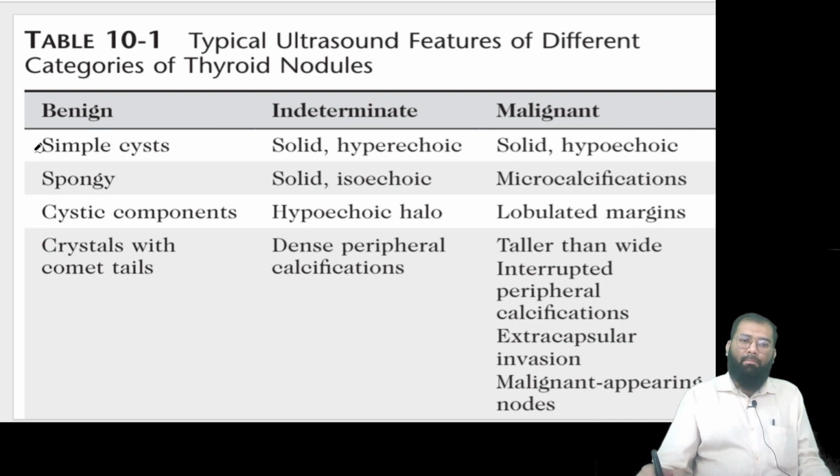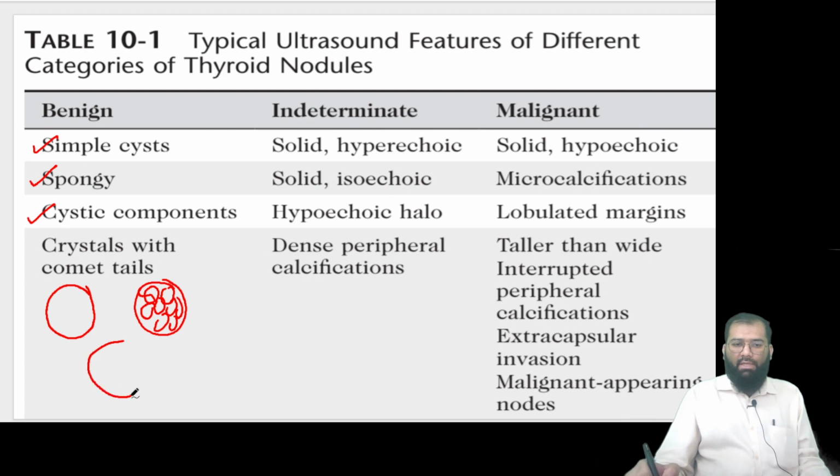Benign will be simple cyst, so remember simple cyst, cysts are benign, or spongy. So if it is cyst, if it has got spongy appearance, that is spongiform, again it favors it's benign. Cystic component, so if it is major cystic with small solid, that again favors more the cystic component, more it is benign.